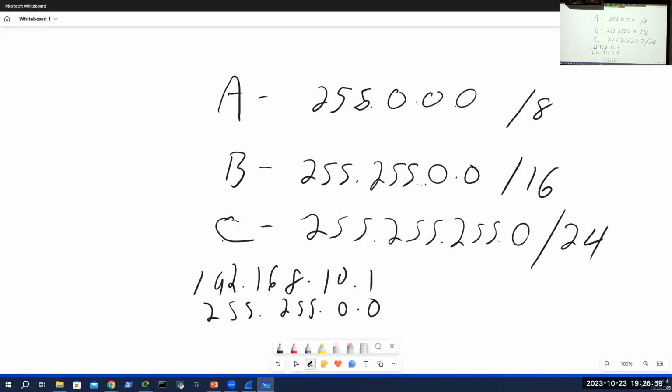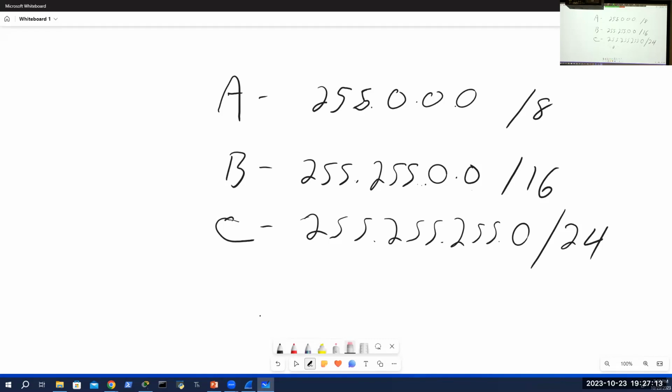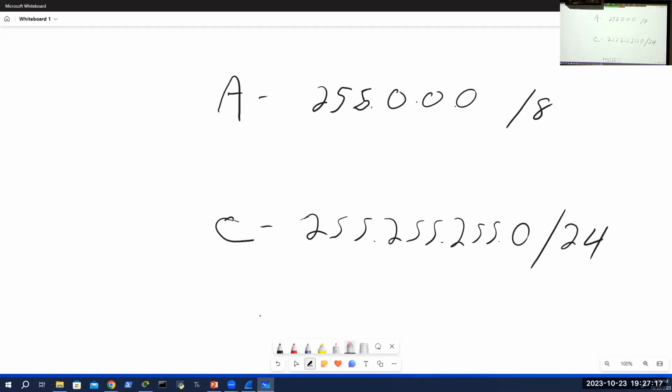So, okay, so let's look at another type of question. Given an address with a class C subnet mask.